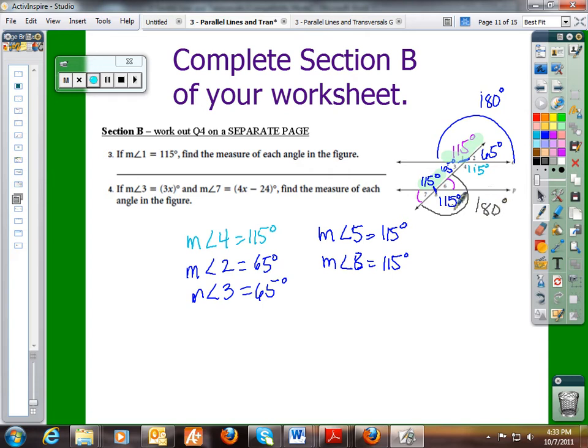So subtracting 115 from 180, I get that the measure of angle 6 is 65 degrees. And lastly, I'm going to use vertical angles again to find that the measure of angle 7 is 65 degrees. Okay.